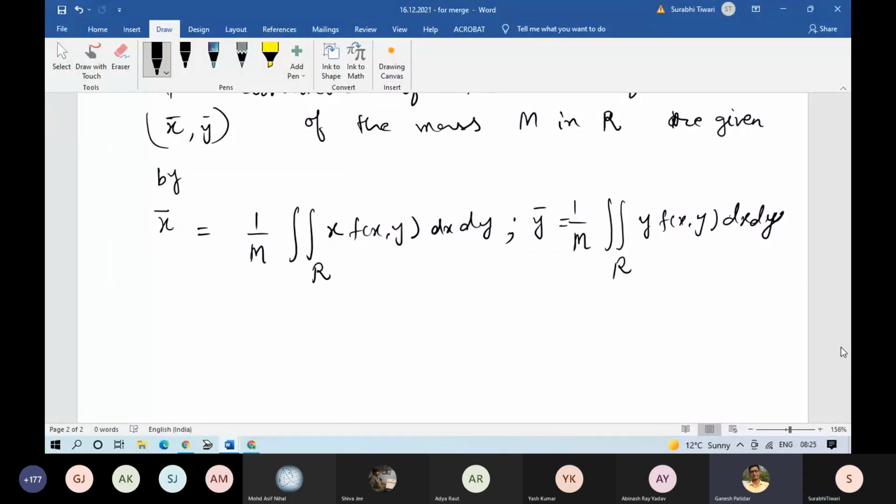Now fifth are moment of inertia. So again, let f(x,y) = rho(x,y) be a density function.